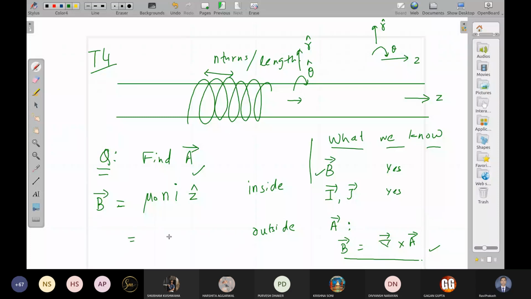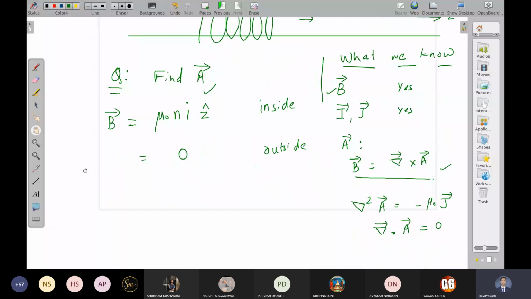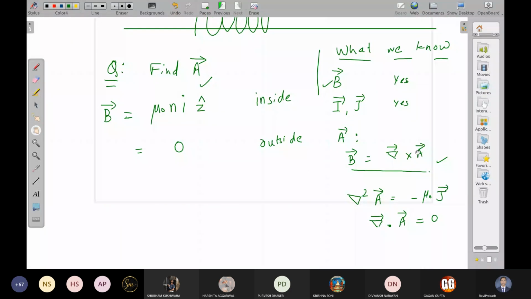Outside, nothing, 0. So this is B. We can put this B here and we need to find the vector potential. The curl of that quantity must give us the magnetic field, but that is also not easy. So let us try to play with this equation first.